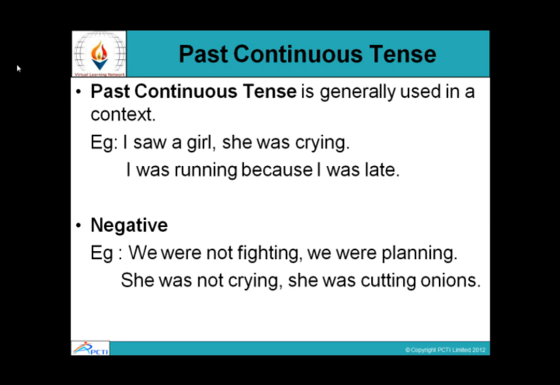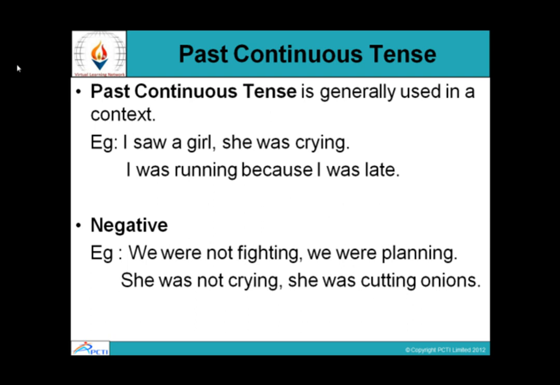I saw a girl. She was crying. Is there a helping verb in this sentence? Yes. Was. So no worry. Just add not after was. She was crying. She was not crying.